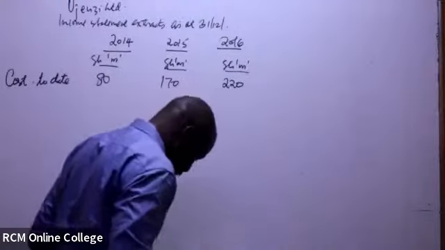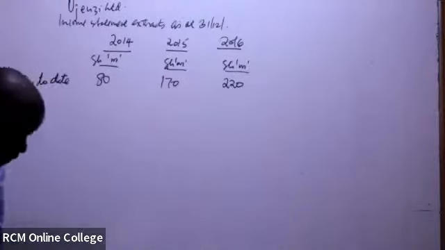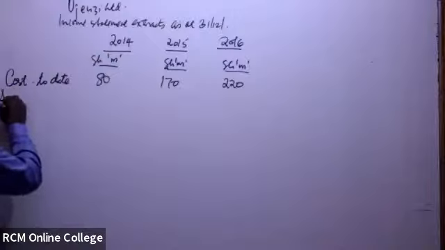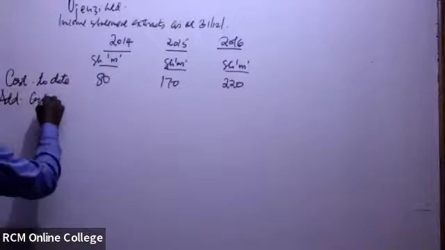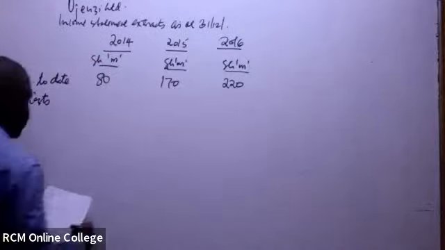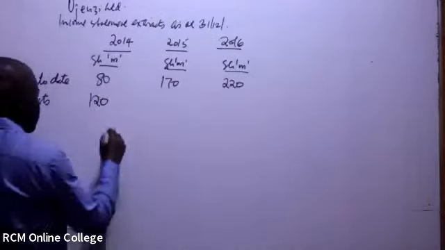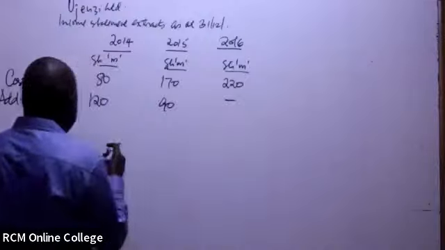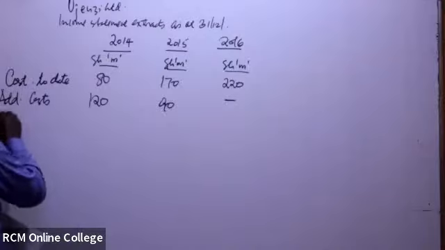You have to show the examiner that you are a financial reporting expert. So in this case, you have additional costs. For the first year, you've been told they added on 120. This one, they added on 90. In this year, they didn't add on anything. So we have the total cost.